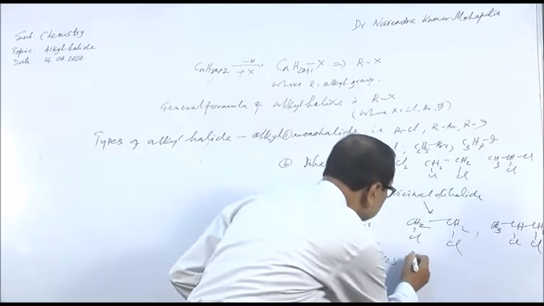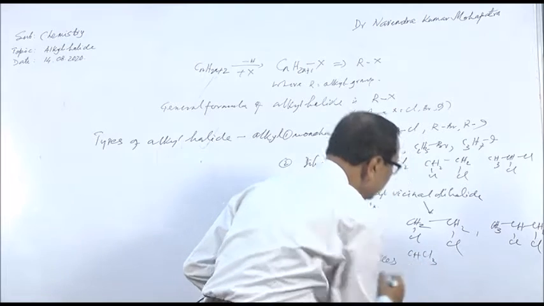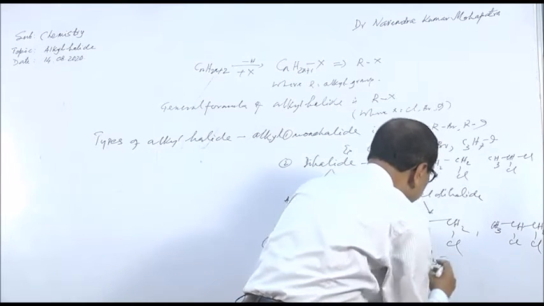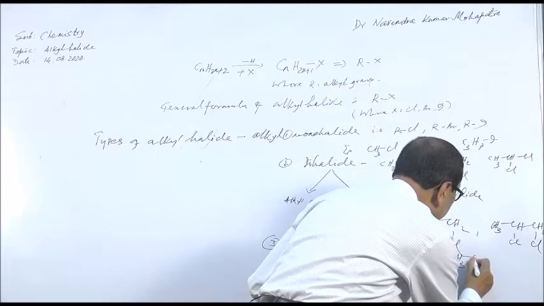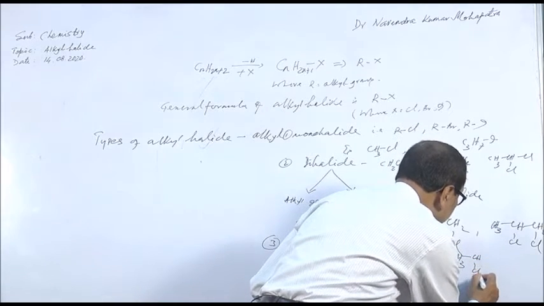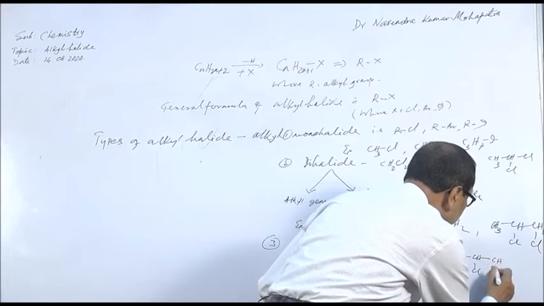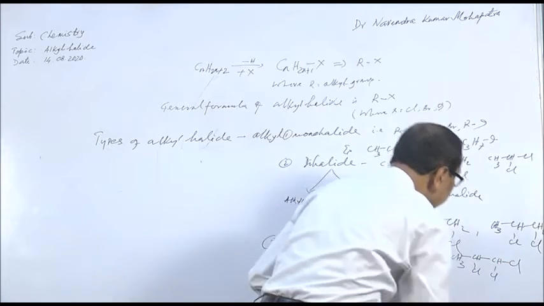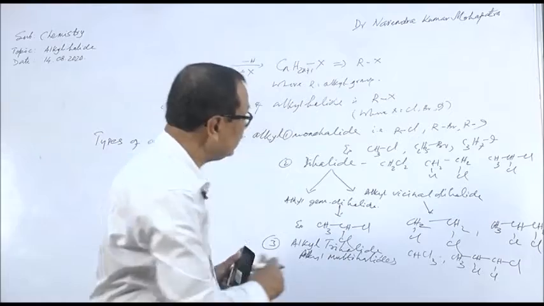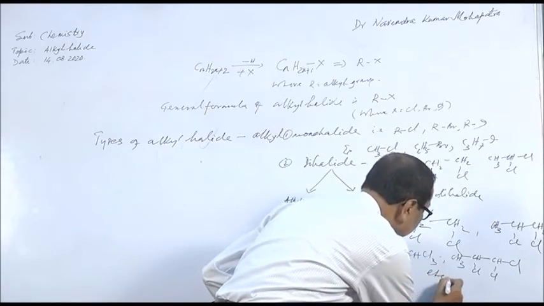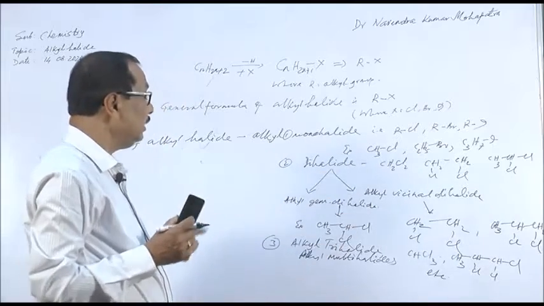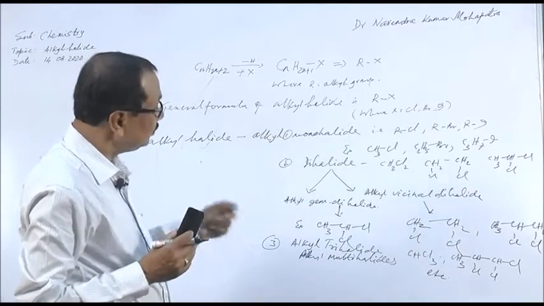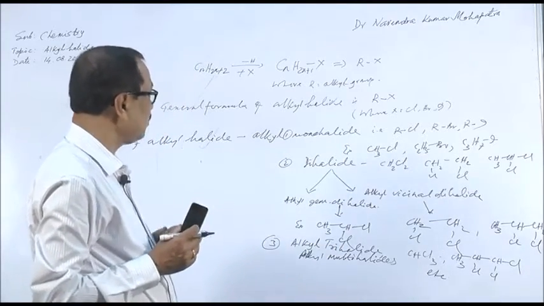Trihalides may be, for example, CHCl3. So you can say alkyl multihalides may be trihalide, tetrahalide, pentahalide, etc.